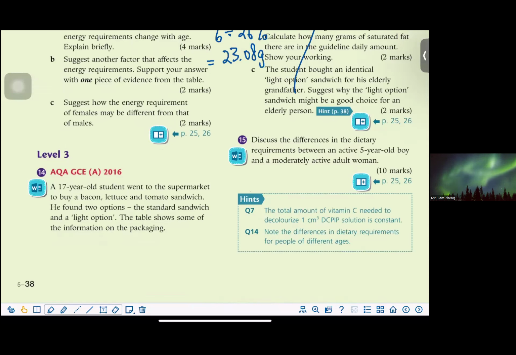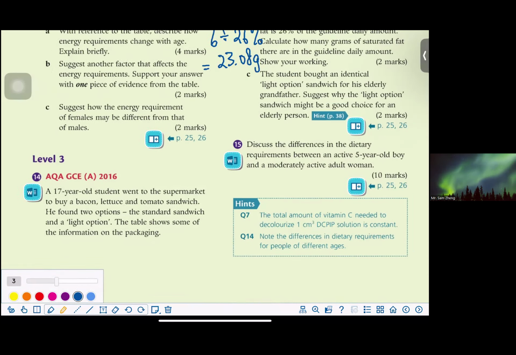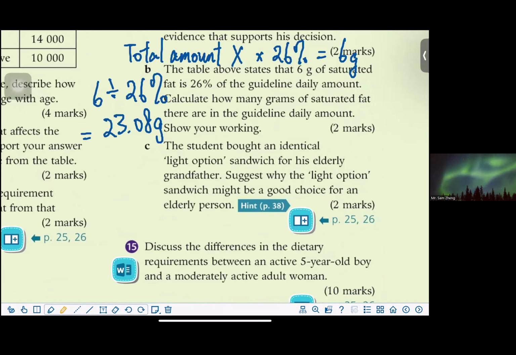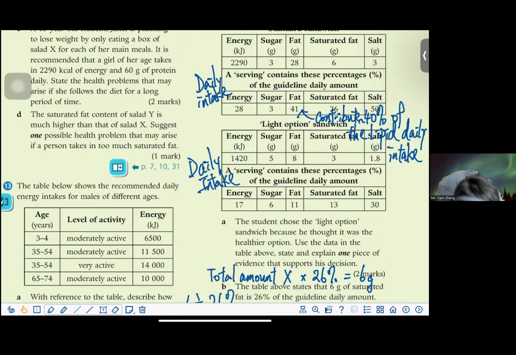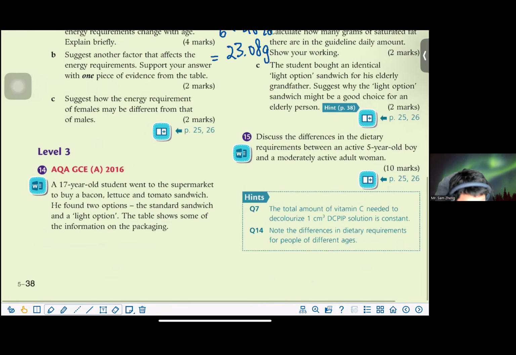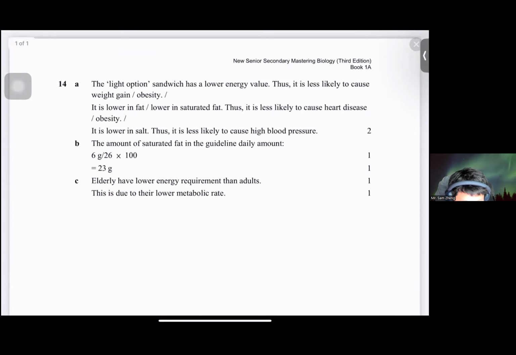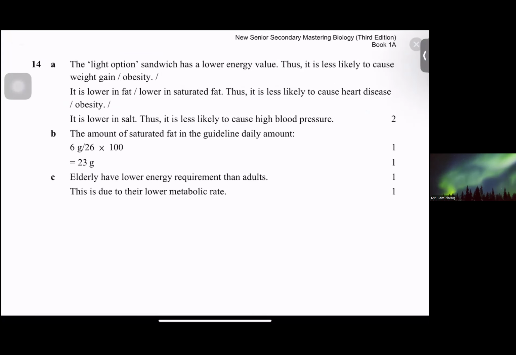Next, we have C. The student buys an identical light option sandwich for his elderly grandfather. Why the light option might be a good choice for an elderly person? We need to think about whether there will be any deficiency disease, or what kinds of benefits such food can provide to the grandfather or grandparent. First, normally the elderly have a lower energy requirement than adults.